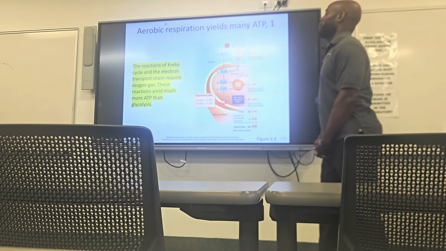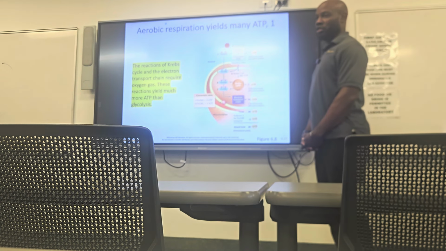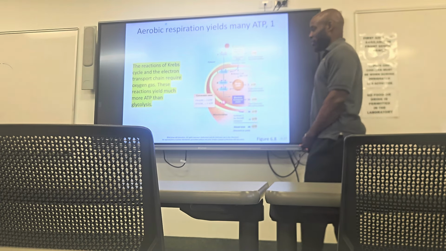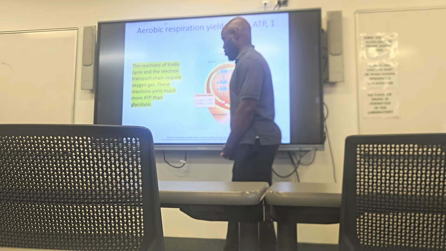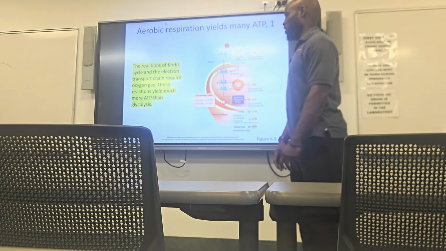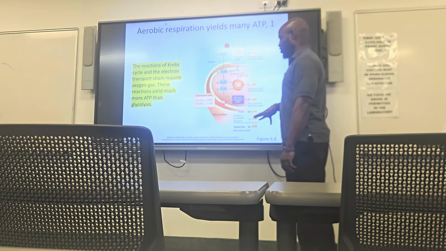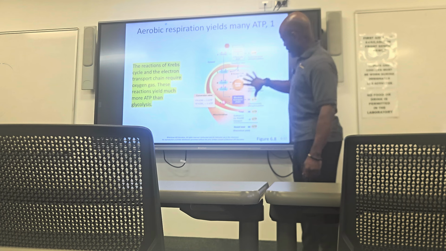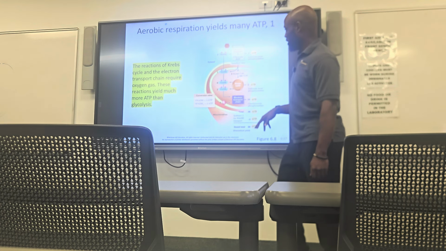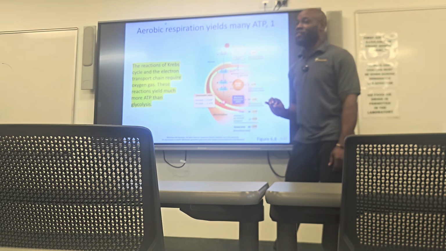All right. So then we get to aerobic respiration. Anaerobic means without oxygen. Aerobic means it requires oxygen. So the reactions of the Krebs cycle and electron transport chain require oxygen gas. So now we need oxygen to be able to make all the rest of these ATP. We can make some ATP without the presence of oxygen, but very little.